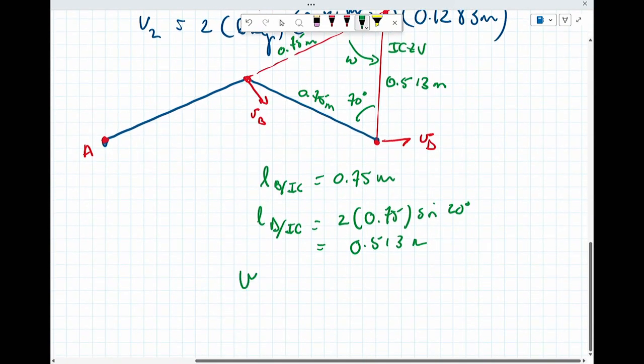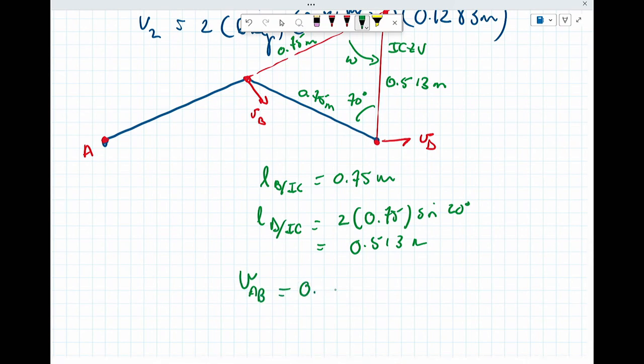So velocity of AB is 0.375. It's velocity of B really, 0.375 omega.